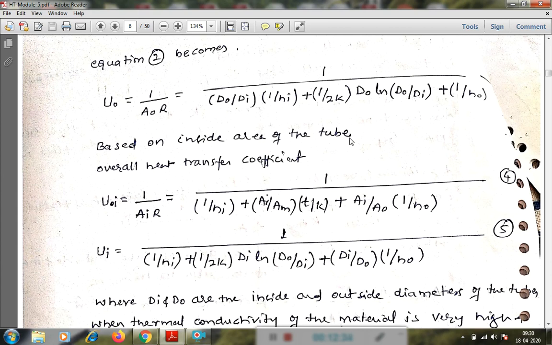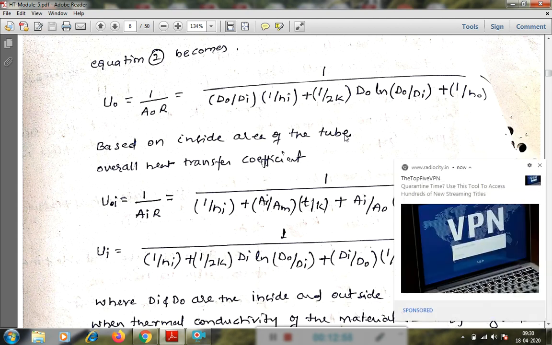This is available in the data handbook, page number 143 of the Hegde and Niranjan Murthy data handbook, and we can refer to that. It is not necessary to remember all of it, but you can refer to the data handbook for the overall heat transfer coefficient based on the outside surface area and the inside surface area.